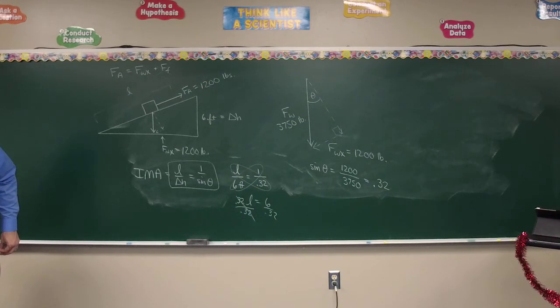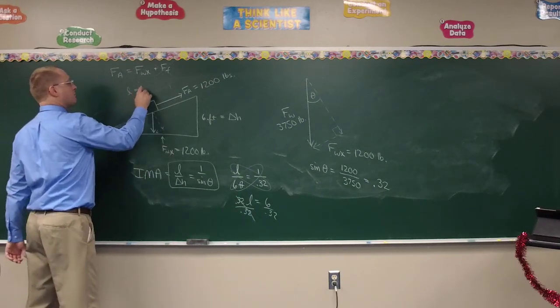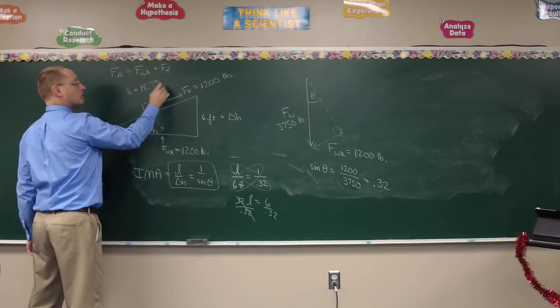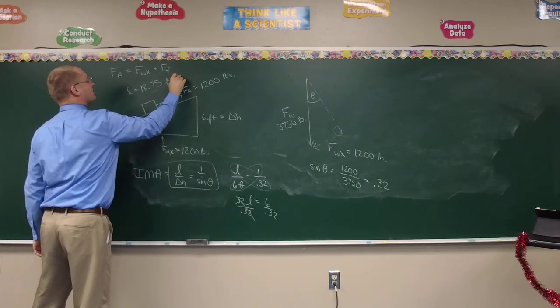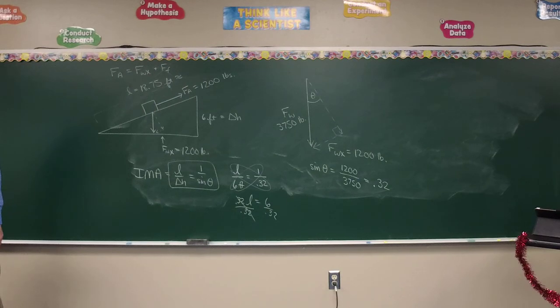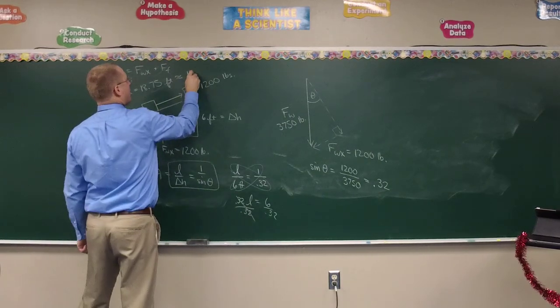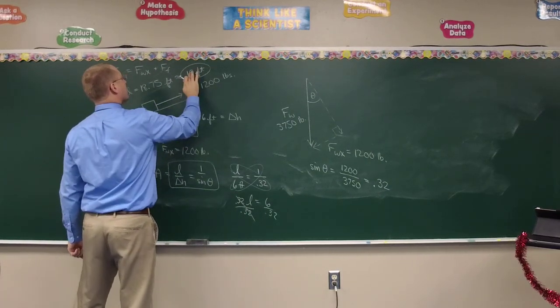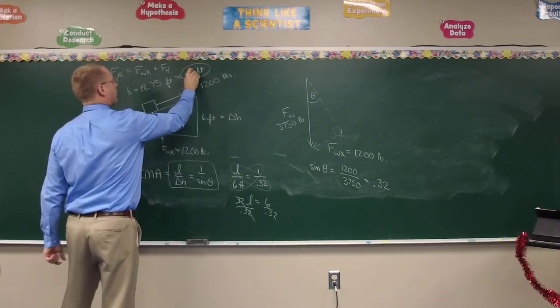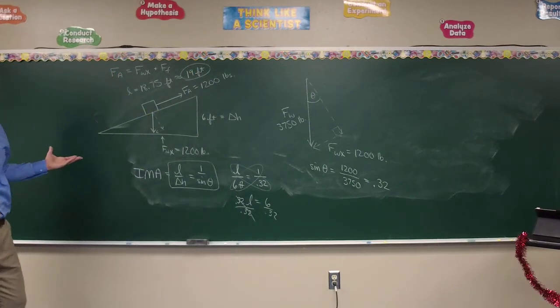Just making sure, yes, what length ramp? 18.75 feet. Rounded, sig figs, 19 feet, because it may not work out perfectly exactly. So we'll say we need a 19-foot ramp to make this work.